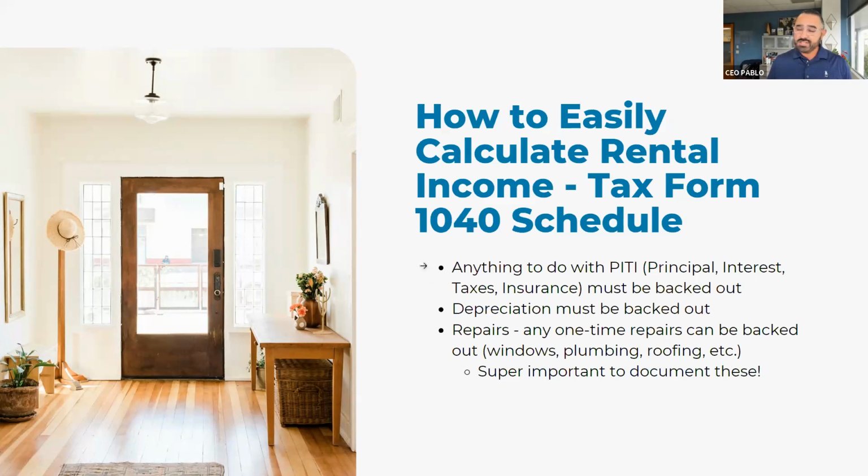Anything to do with PITI, principal, interest, taxes, insurance, must be backed out or ignored, essentially. I'm going to go through some examples so you can clearly understand that. This is the main thing you have to know on the Schedule E: we're going to ignore anything that has to do with PITI.